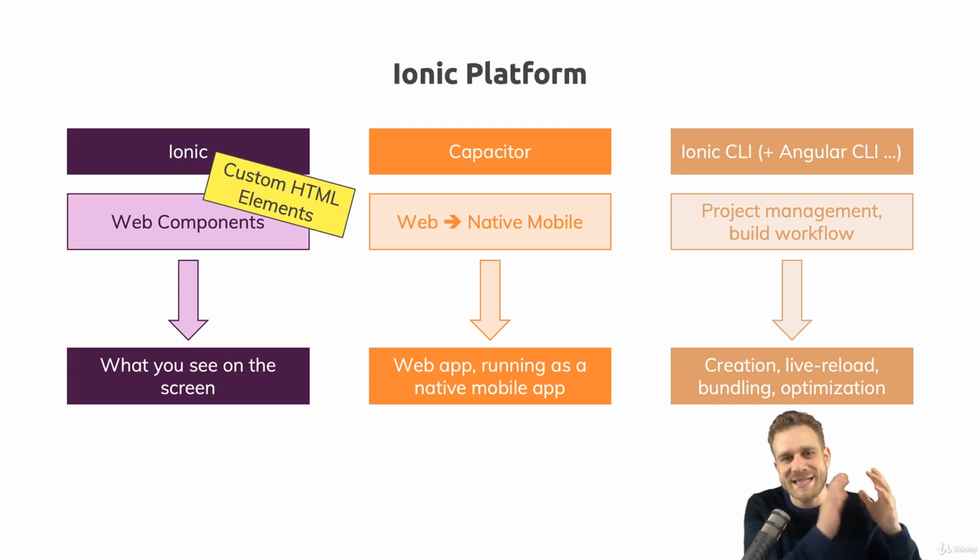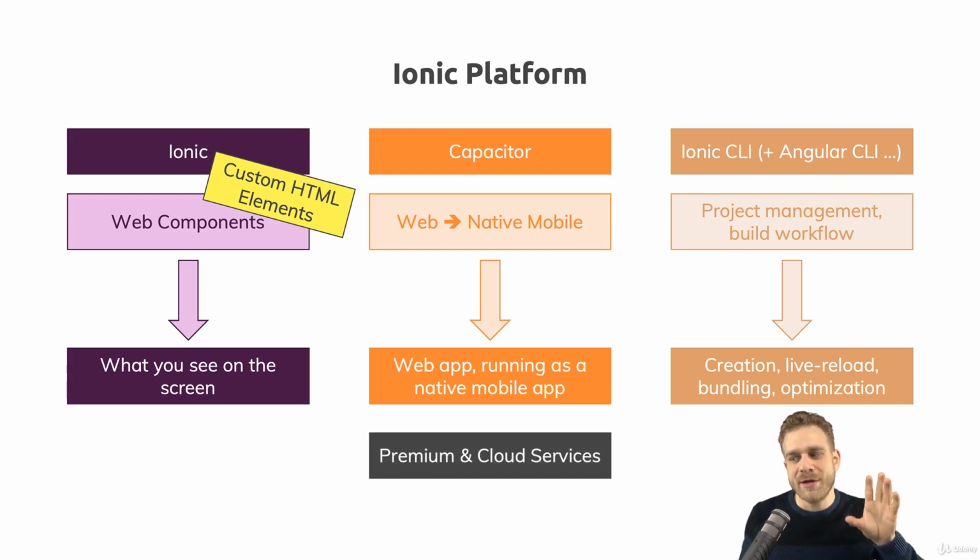But then Ionic doesn't stop there, doesn't stop at that web user interface. It then also gives you the tool to build that in an easy way and to then also convert it into mobile apps or even desktop apps if you want to. This is the Ionic platform in its core.